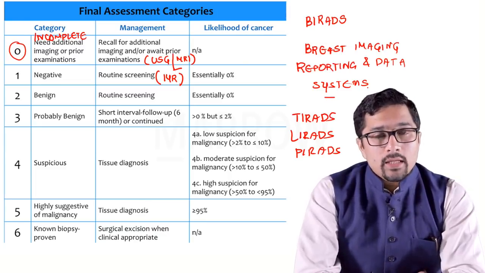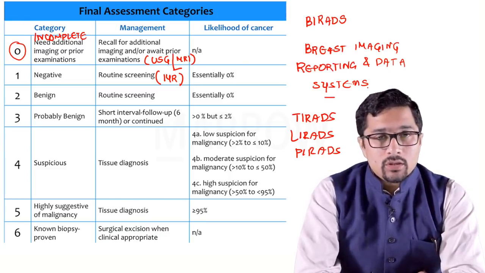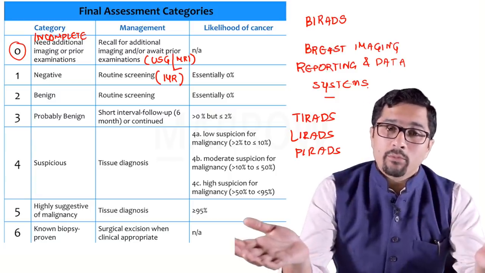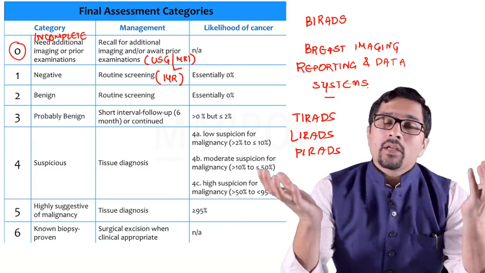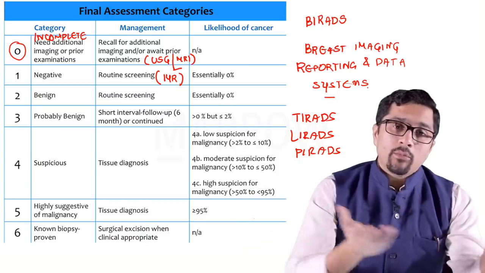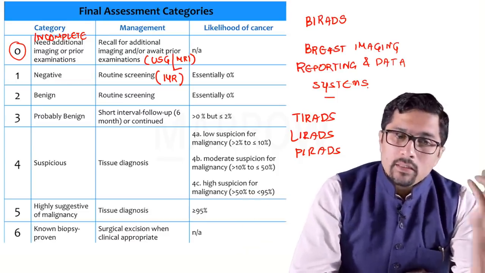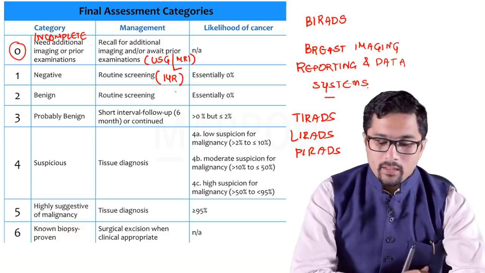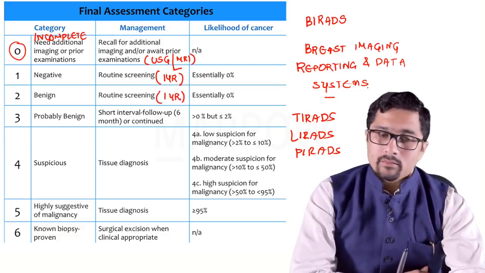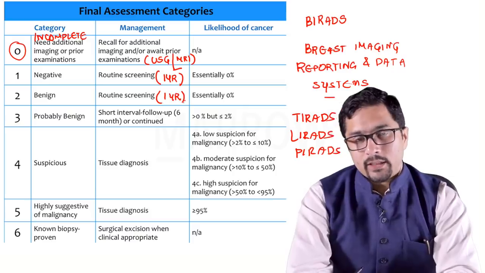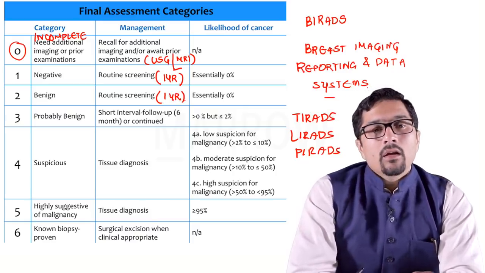BI-RADS 2 is a benign lesion. You can say a fibroadenoma. Fine. So on a mammogram or ultrasound, if there is a BI-RADS 2, it's probably a fibroadenoma. And again, routine screening, that is after 1 year, the likelihood of cancer is essentially 0.